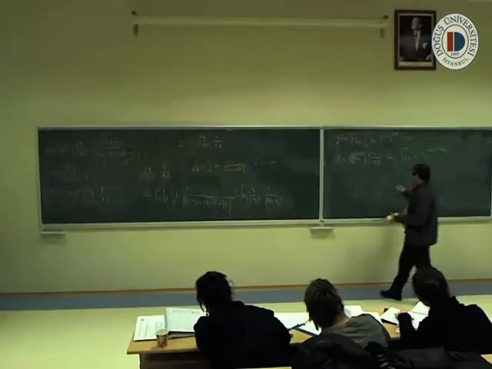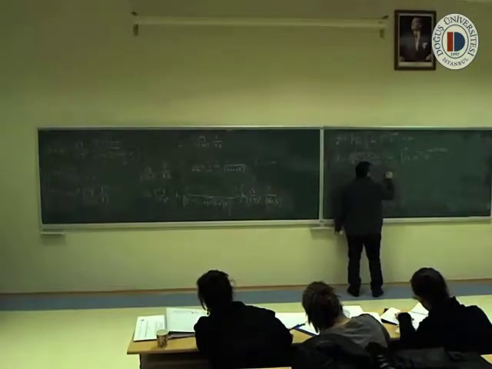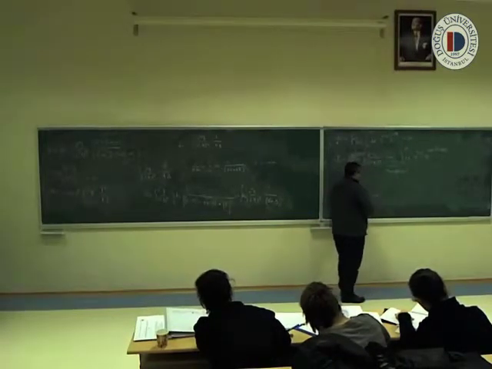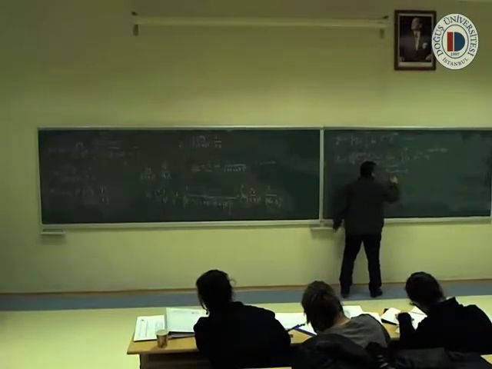We know from the properties of the gamma function that gamma n equals (n minus 1) factorial. So gamma 2 will give us 1.